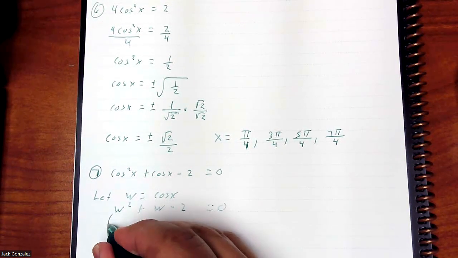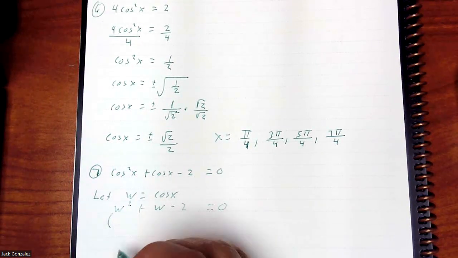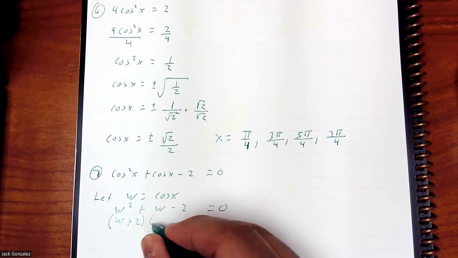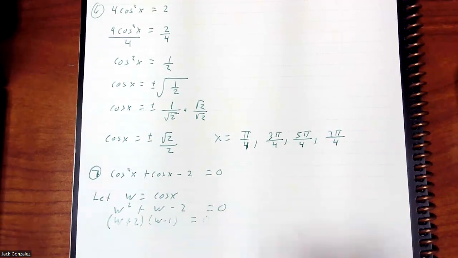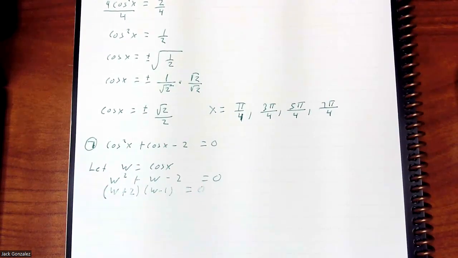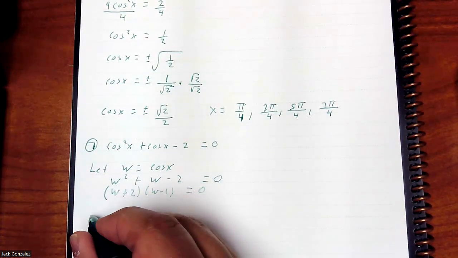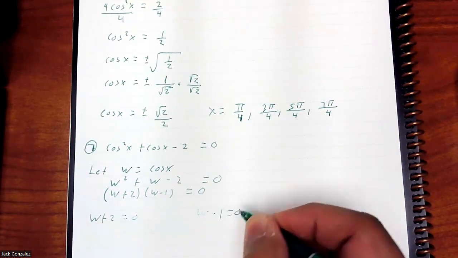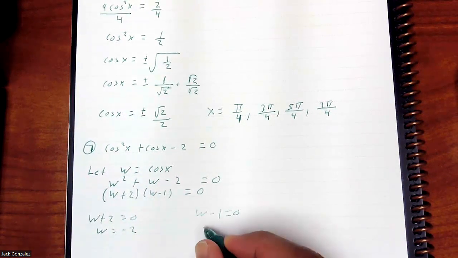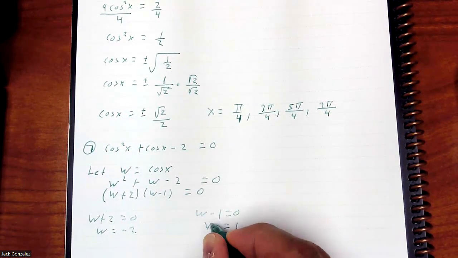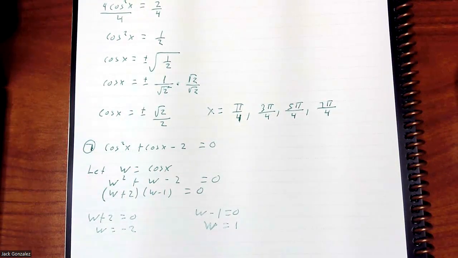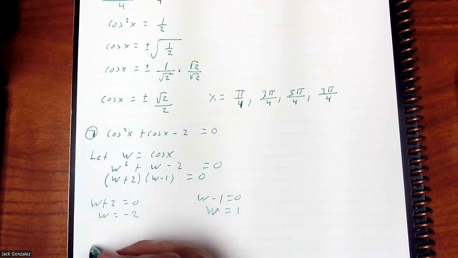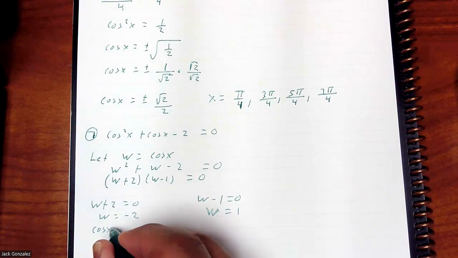So this factors into w plus 2 times w minus 1, right? So solve this for w, and we get to here. Change back to cosine, because w was made up.